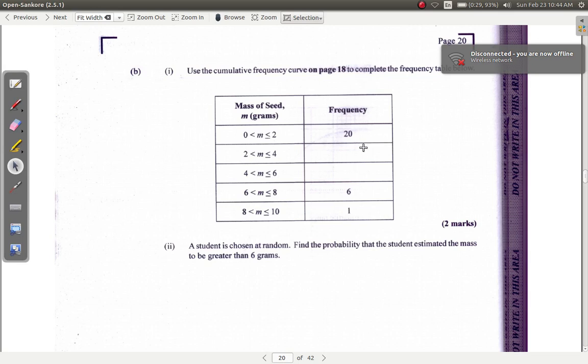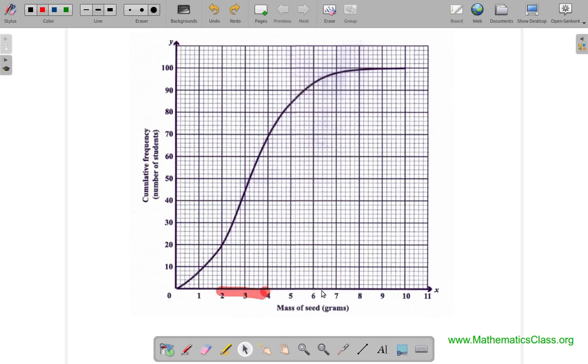You can see it here, that if it was cumulative frequency, it would keep adding up, but it's just frequency they want. Good. Now they have M between 6 and 8. Let's look at that. And they have it as 6.